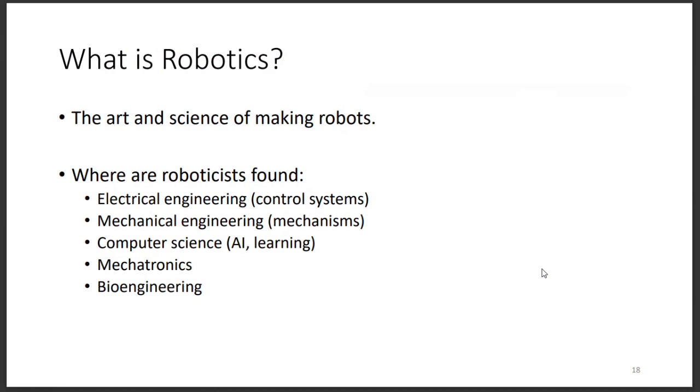What is robotics? The art and science of making a robot. We find it in control systems, AI, mechanisms, chemical engineering, mechatronics, and also bioengineering. Mechatronics is basically electrical and mechanical, anything you make a robot of, of any type. Computer science using AI, like self-driving cars, is also considered a robot, along with mechanical engineering, electrical engineering, and control systems.